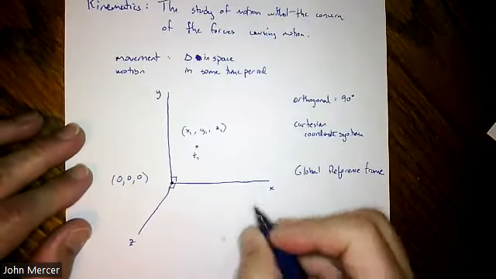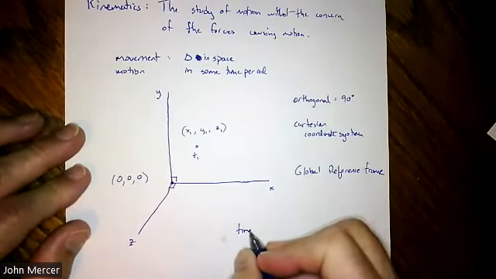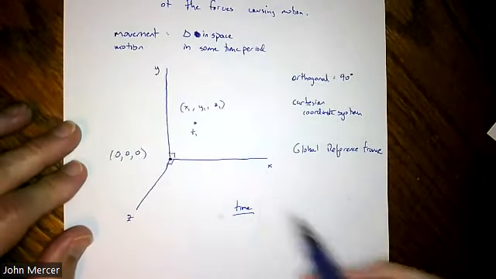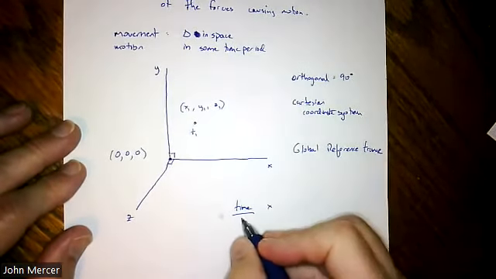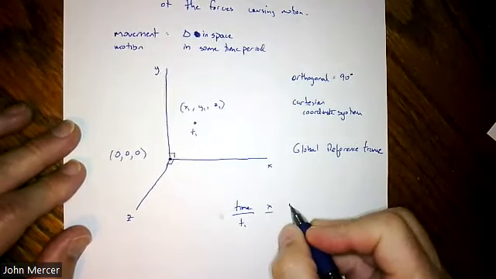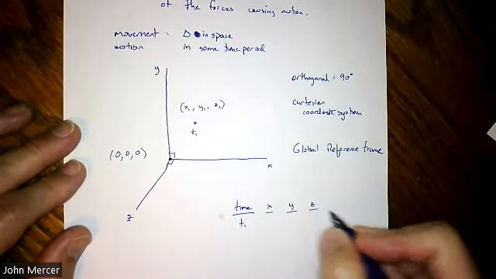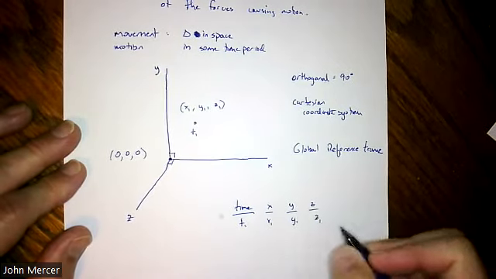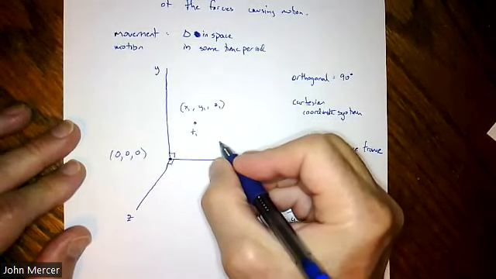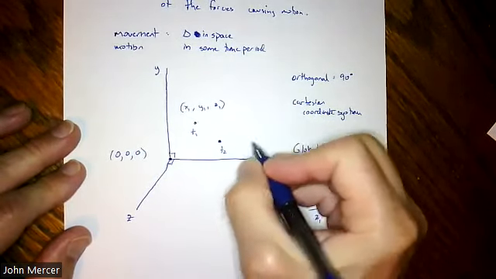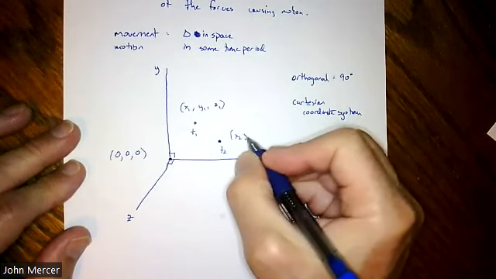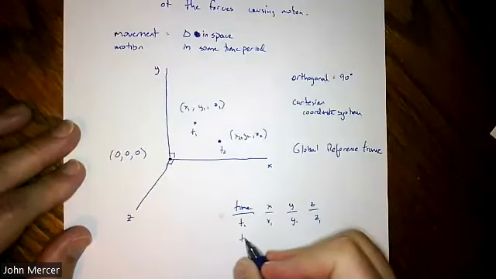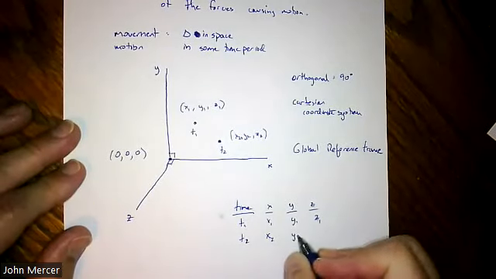But what I end up doing in this setup is creating a way to track the position of this object for some time period: the X coordinate, the Y coordinate, and the Z coordinate. So at time 1, this would be X1, Y1, Z1. And then if this object moved, let's put it over here at T2, I would now have time 2, X2, Y2, and Z2.